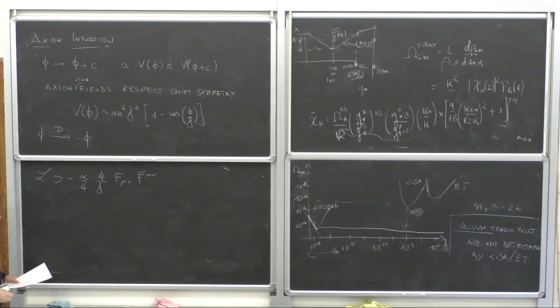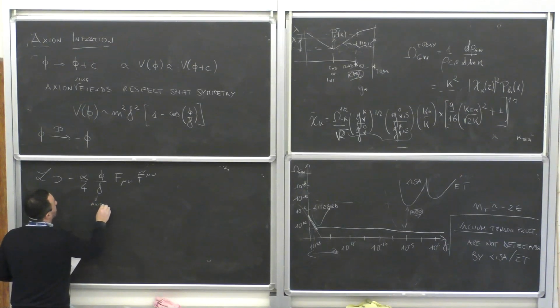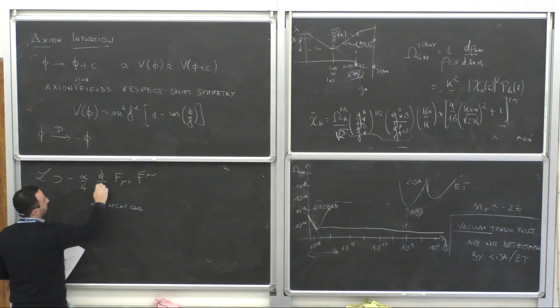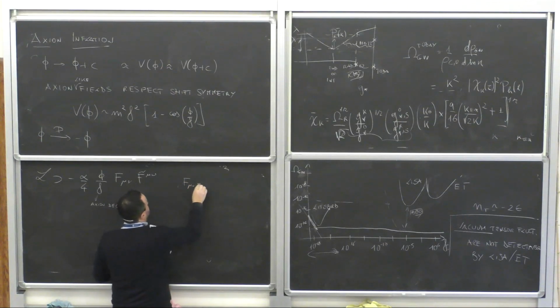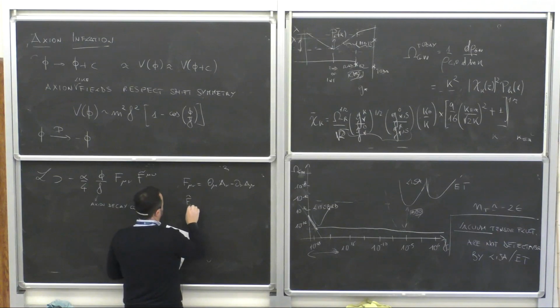This is the axion decay constant. This is my axion field, which is a pseudoscalar. This F mu nu is the field strength, and this is the dual.